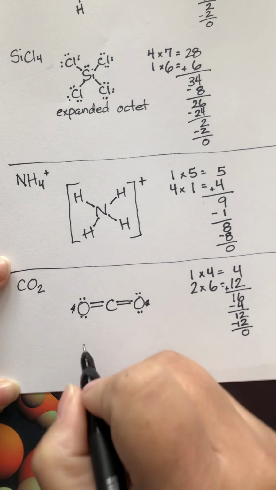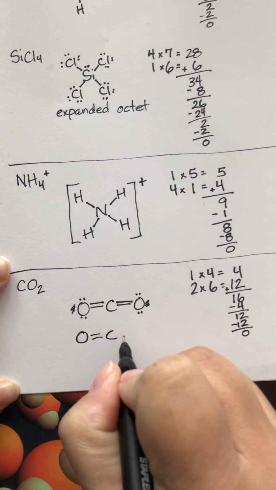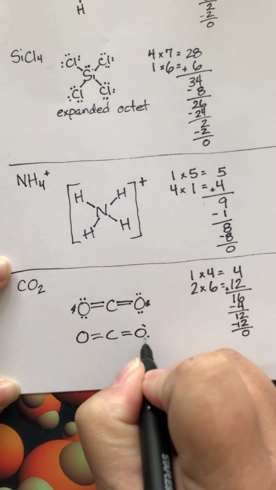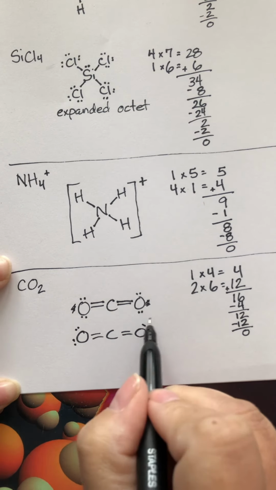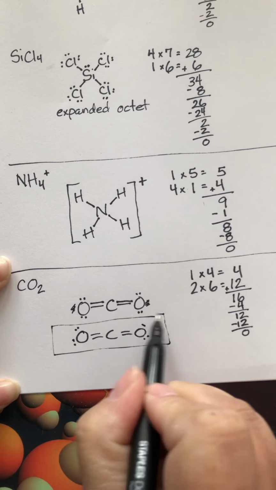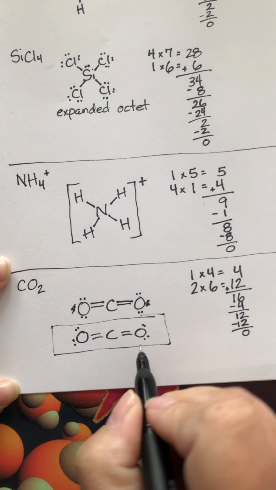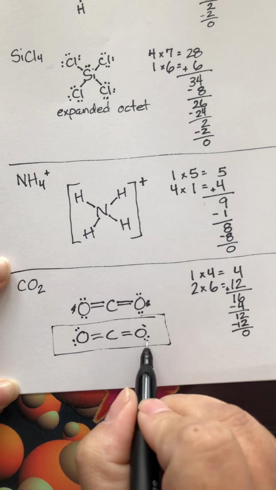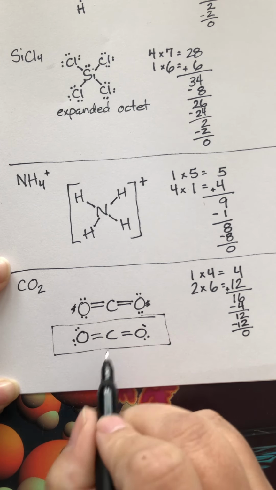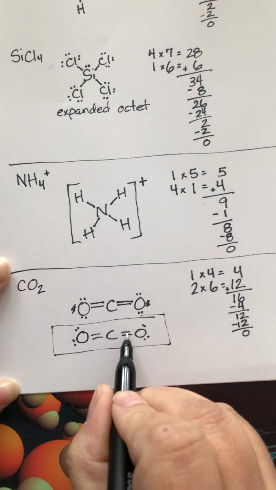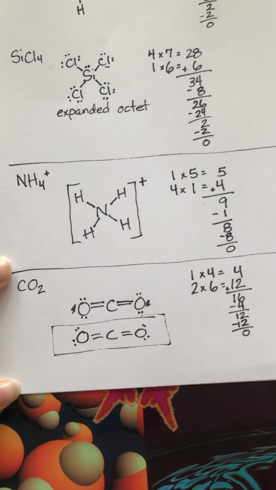And now I have this structure. I use the same number of electrons, but now I have multiple bonds. My oxygen has 2, 4, 6, 8. This oxygen has 2, 4, 6, 8. And this carbon has 2, 4, 6, 8. I hope that helps.